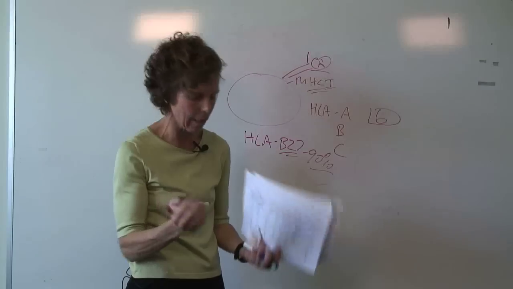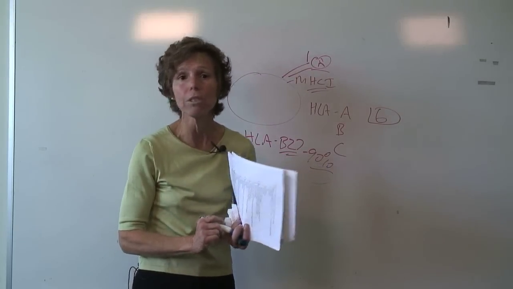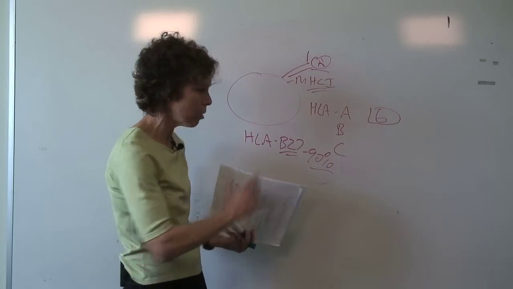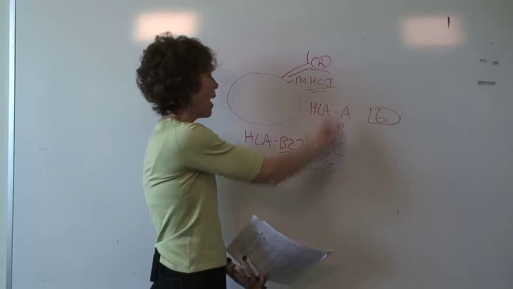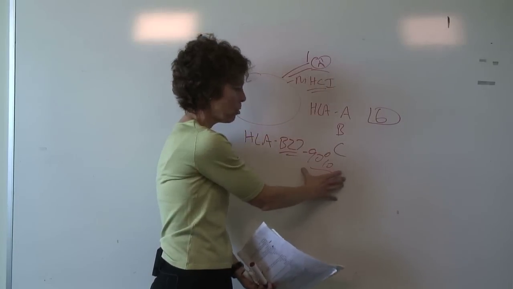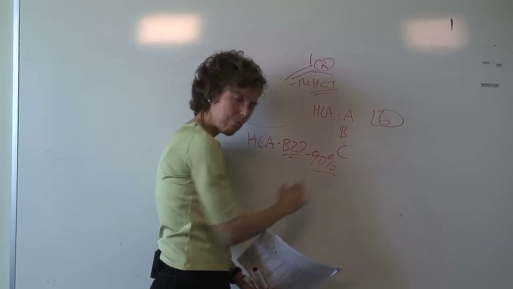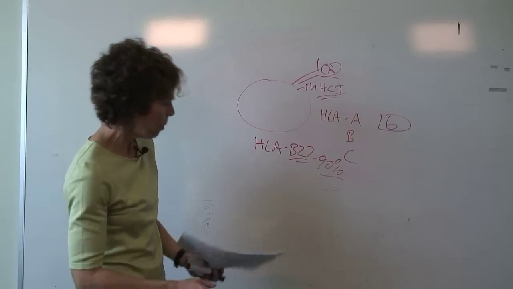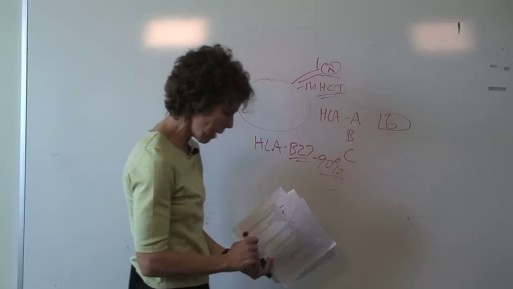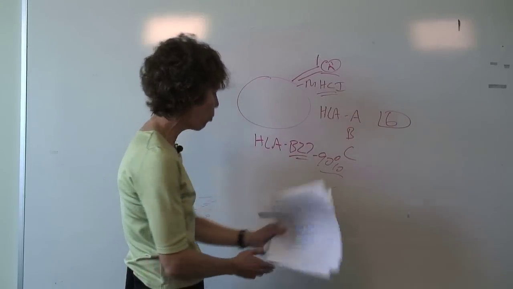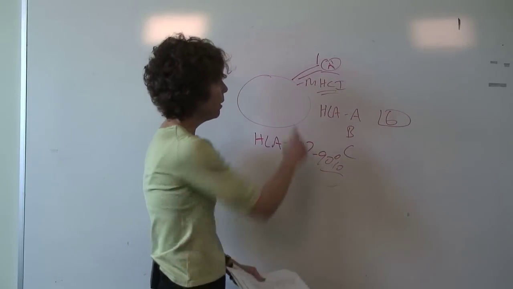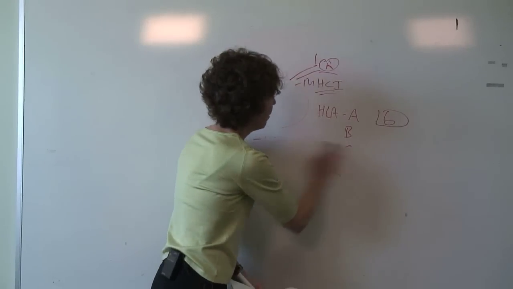That's why they like to test that. There's other things. There's some lupus, some type 2 diabetes, and celiac disease that have these HLA associations, but the strongest correlation is HLA-B27. So remember that in terms of MHC class 1, it's not only just this one.